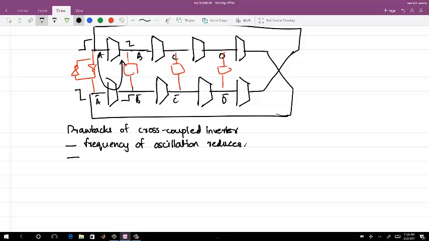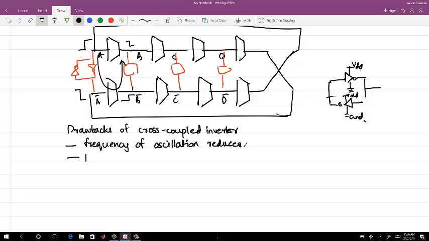The other thing is all these inverters are working between VDD and ground. If I am using this, then I have VDD and ground on both cases, so this is also VDD and ground.